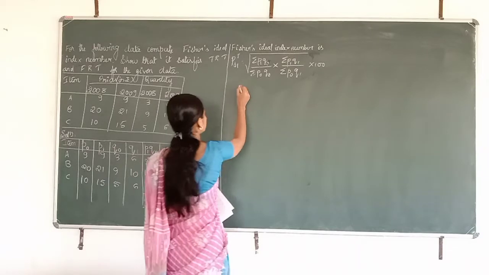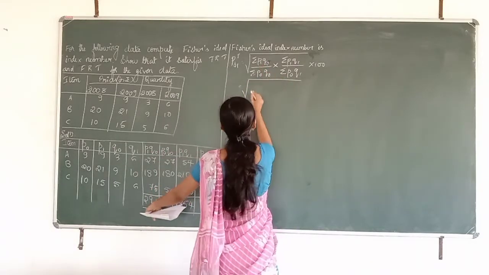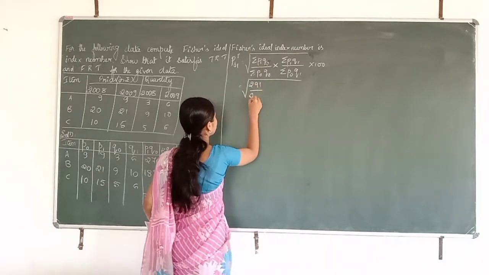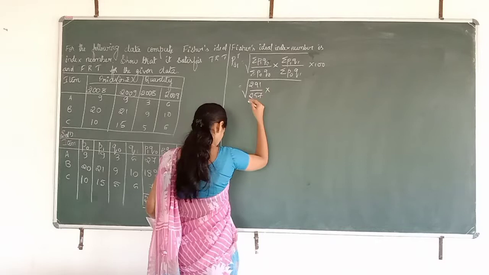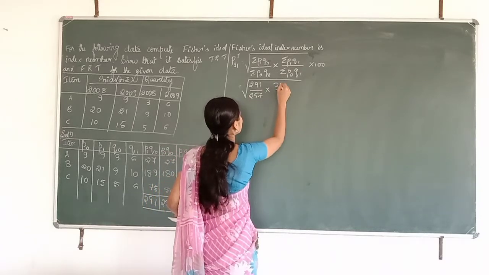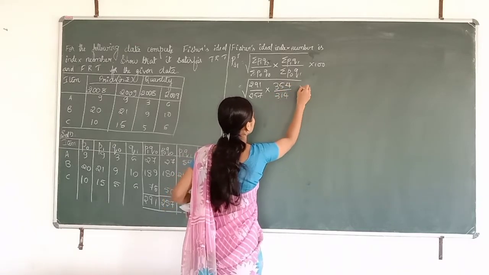So when you substitute the values, it becomes square root of summation P1 Q0 is 291 divided by summation P0 Q0 is 257 into summation P1 Q1 is 354 divided by summation P0 Q1 is 340 into 100.